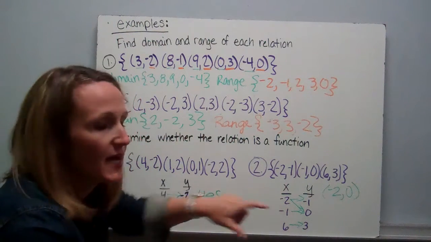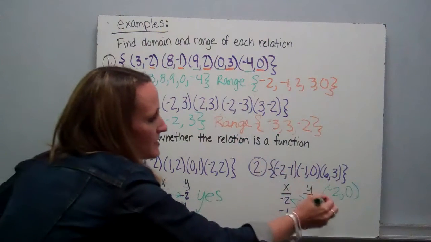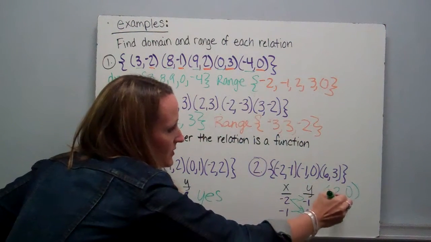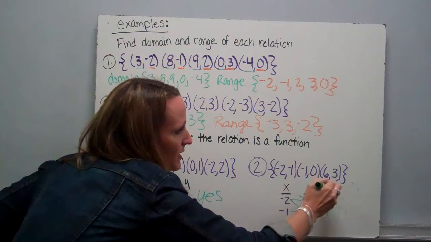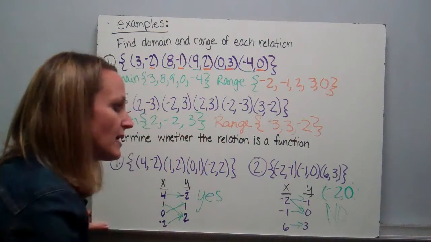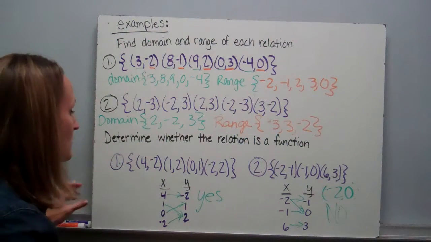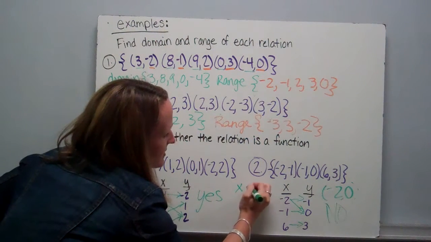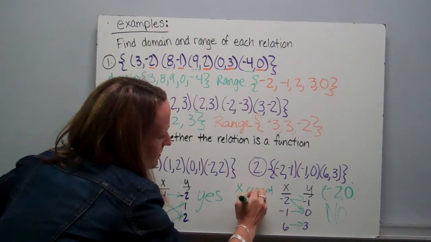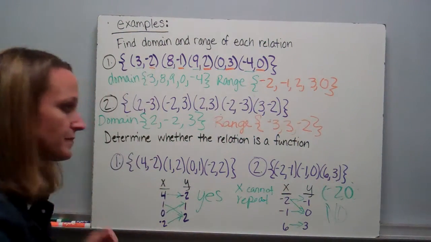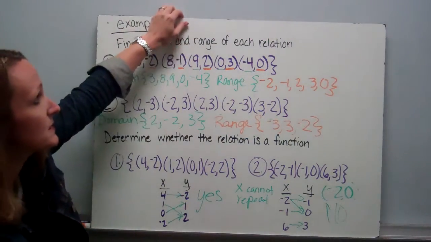But now I have my x used twice. So in that case, this would not be a function. So before I added this, yes it was, but when I put this in, it became a no. So remember, x cannot repeat. No repeating x's.